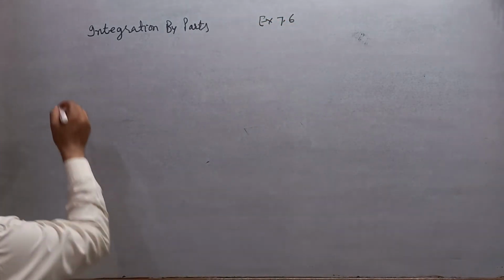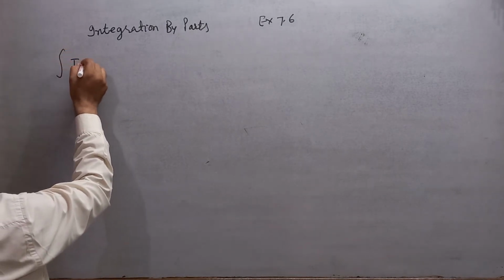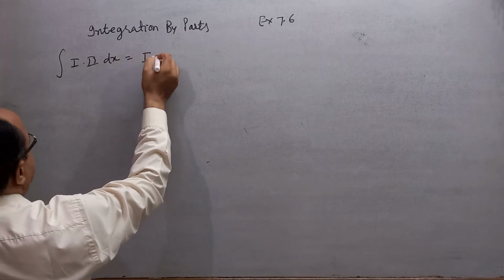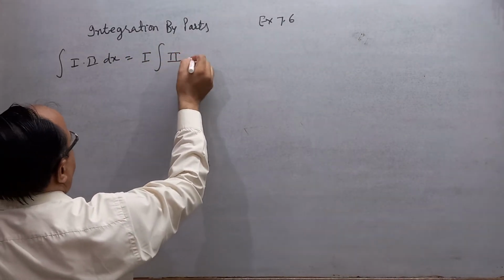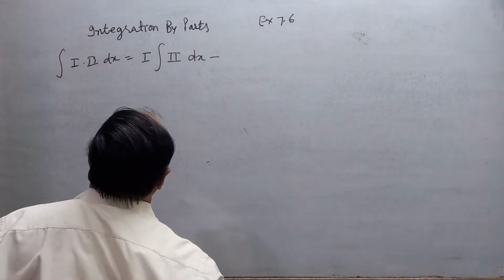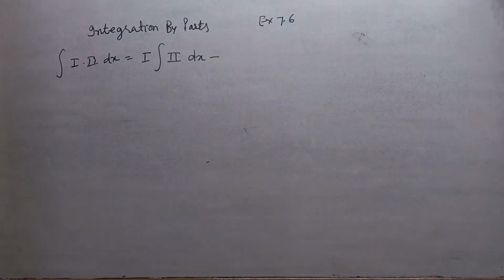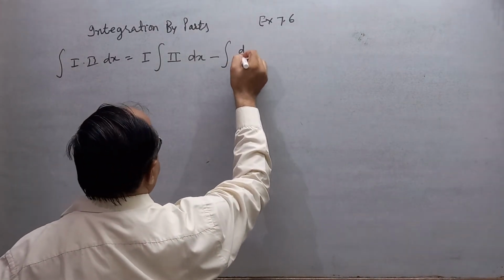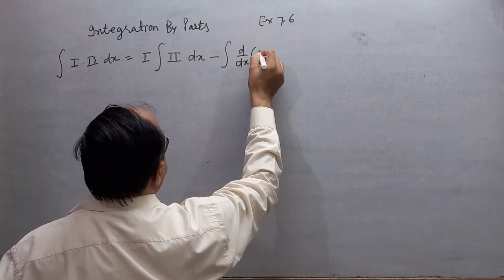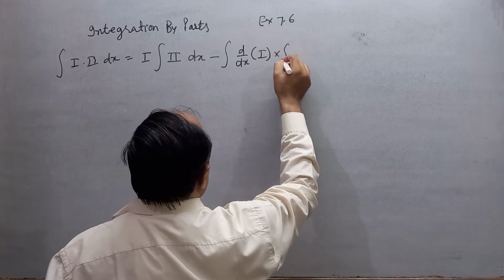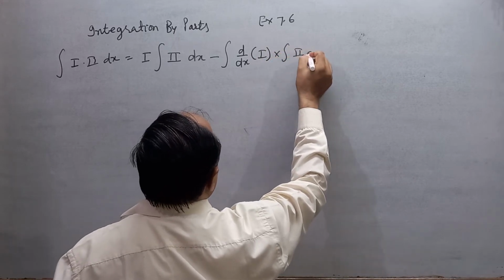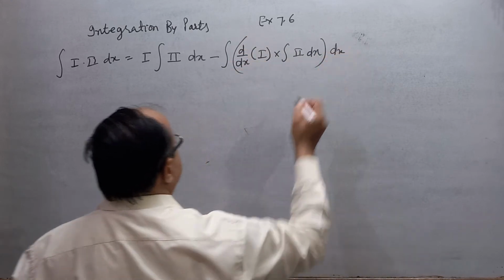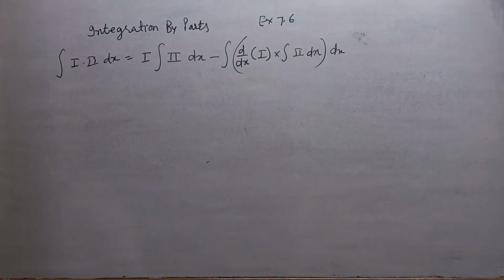Formula: integration of first function and second function is first function as it is, integration of second, minus integration of derivative of first into integration of second, whole integration. This is the formula for integration by parts.